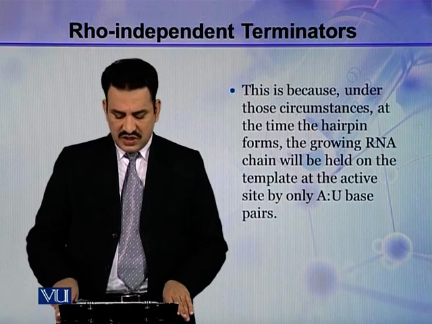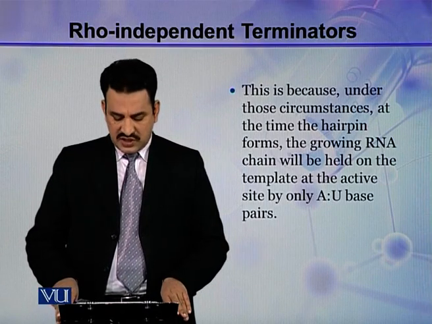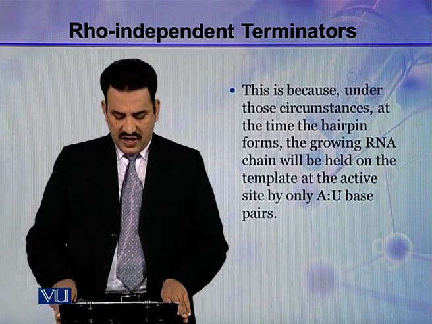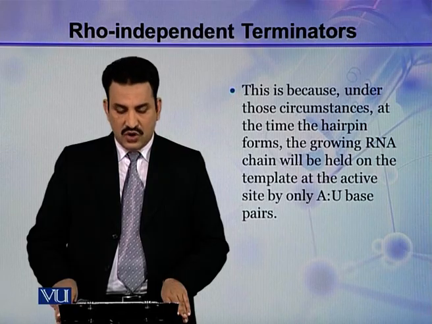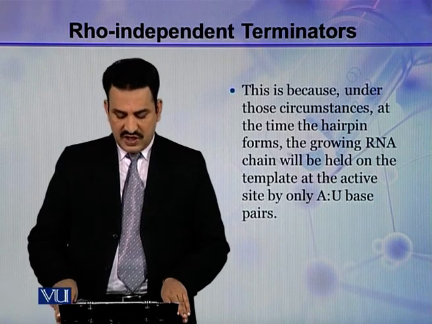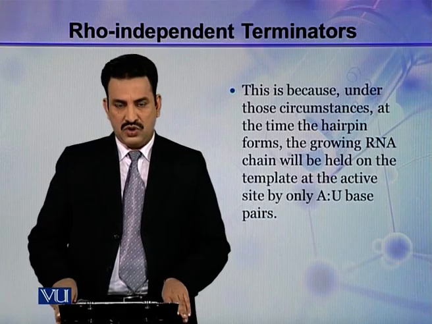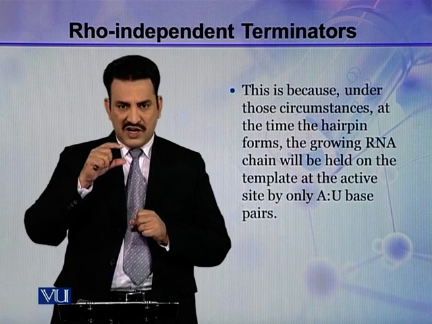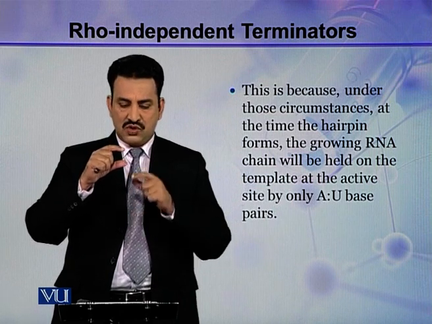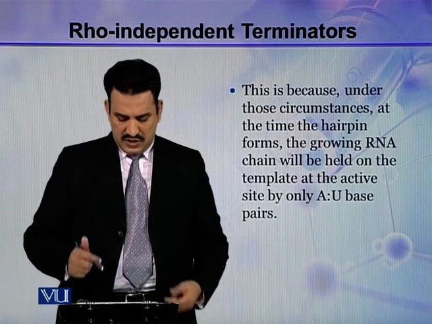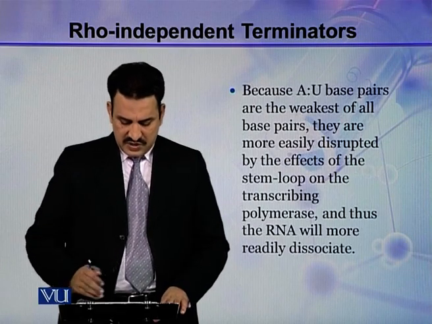This is because at the time the hairpin forms, the growing RNA chain will be held on the template at the active site by only AU base pairs. So when a loop is formed, this RNA transcript will be attached to the DNA template only through these AU base pairs.